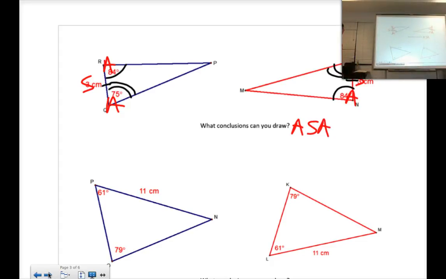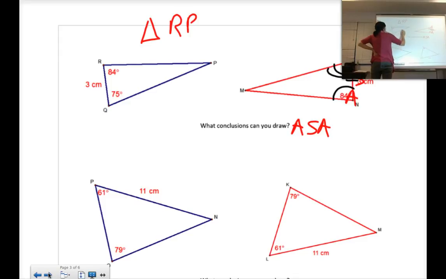All right, before we go to the next one, since we can conclude that these two triangles are congruent because we learned this handy theorem called side angle side, I'm sorry, angle side angle, can you write the second part of that congruence statement for me?